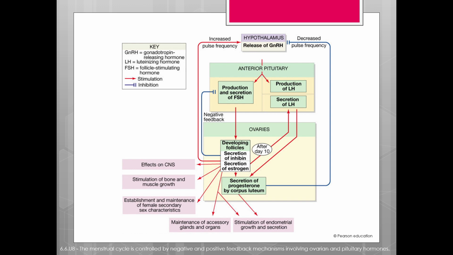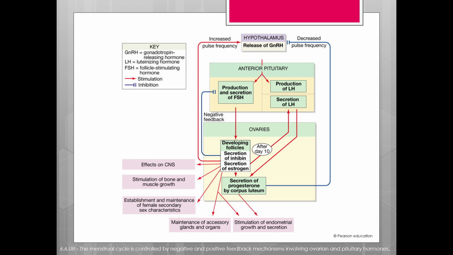Now look at this diagram, you know it already. Now try to understand it a bit. The pituitary gland produces FSH and LH. Both of these hormones will work in ovaries. FSH basically focuses on production of gametes, while LH basically focuses on preparation for pregnancy.